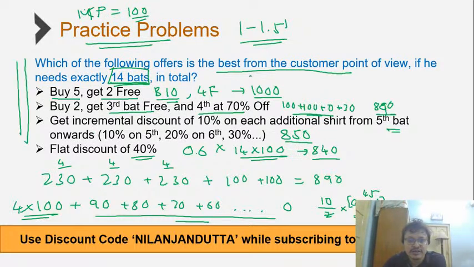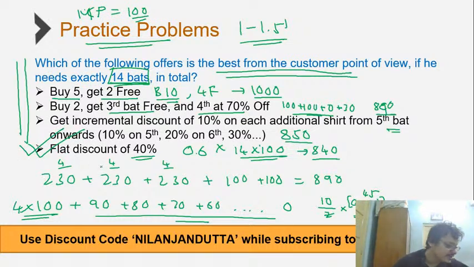So what will be the answer? Which is the best offer from the customer's point of view? That will be the deal where the customer needs to pay the least amount, which means the answer will be option D, that is 840.